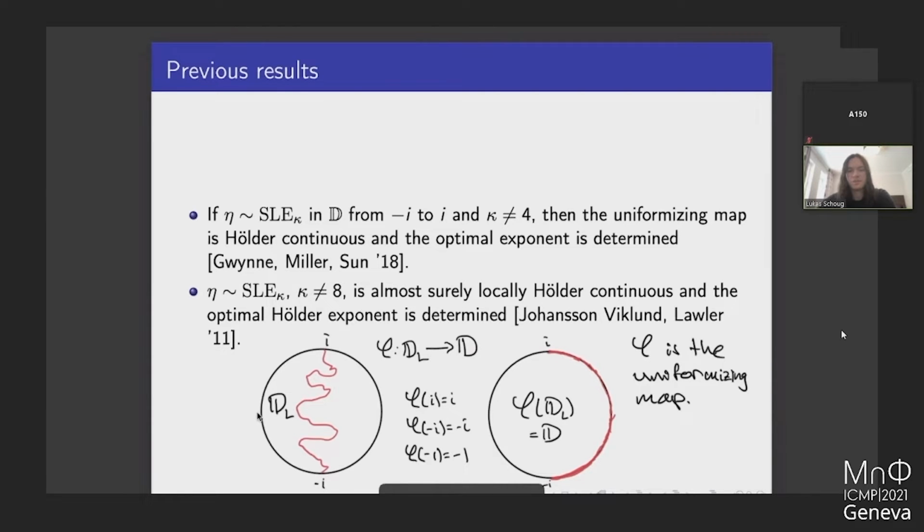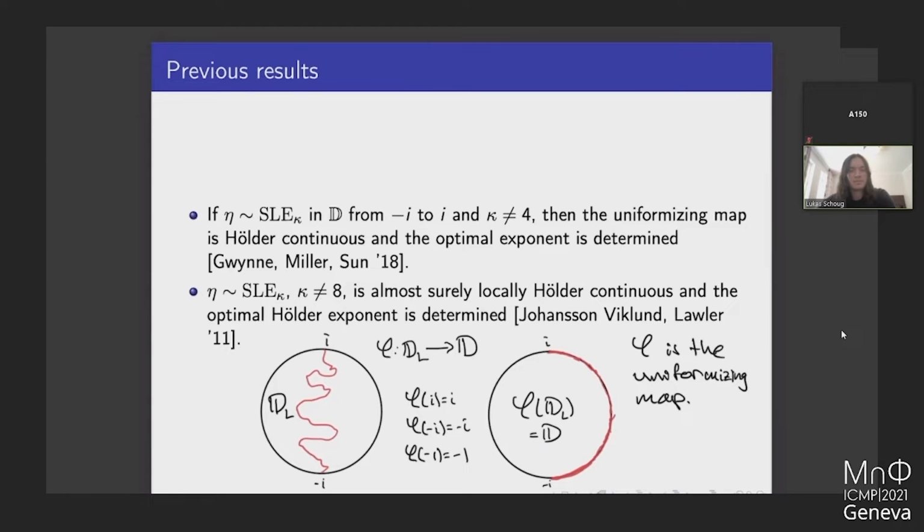And then you take the map from that domain to the unit disk, fixing the points i and minus 1. This results in mapping it to the unit disk and mapping the SLE curve to the boundary of the disk. Then this map phi is called the uniformizing map.